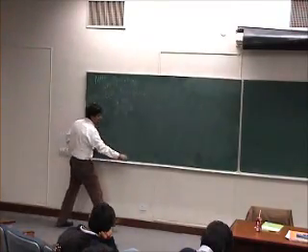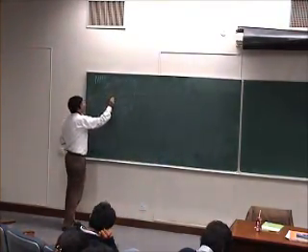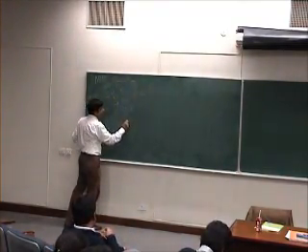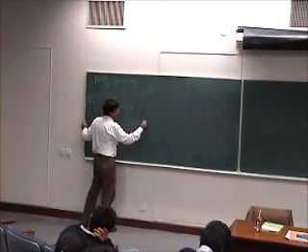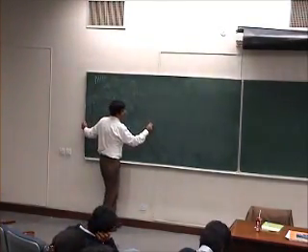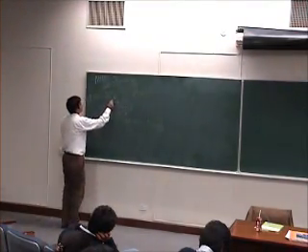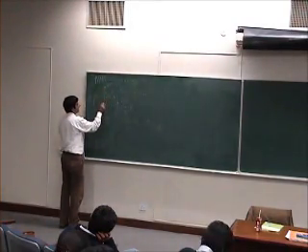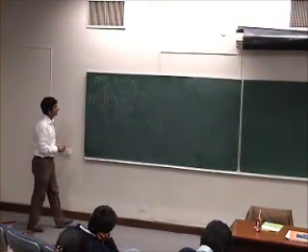Any arbitrary point on the surface of this sphere could be represented as cosine theta over 2 alpha plus e to the i phi sine theta over 2 beta, where this is the angle phi and theta is the angle of the co-latitude.